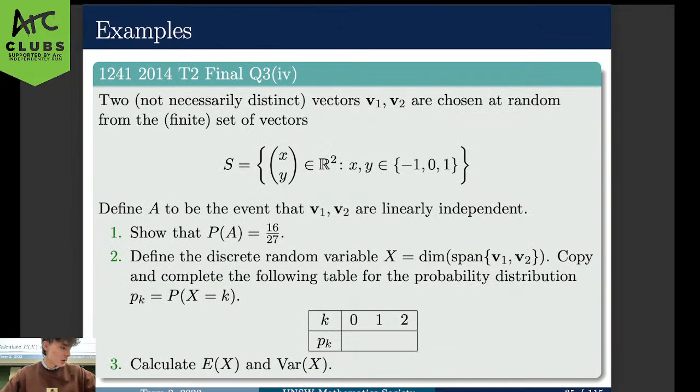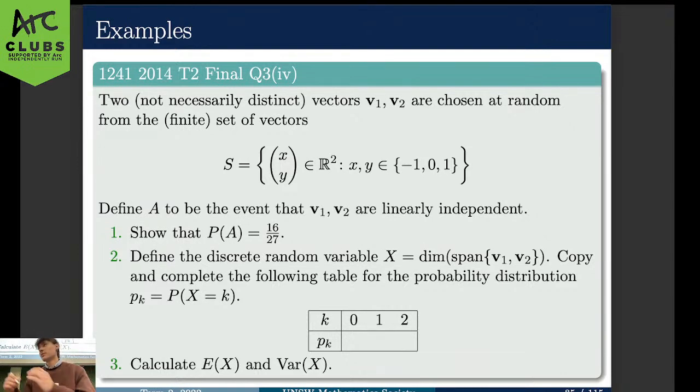So now let's move on to a question here. Given we have two not necessarily distinct vectors, v1 and v2, chosen at random from the set of all vectors whose components come from the set -1, 0, 1. Now define A to be the event that v1 and v2 are linearly independent.